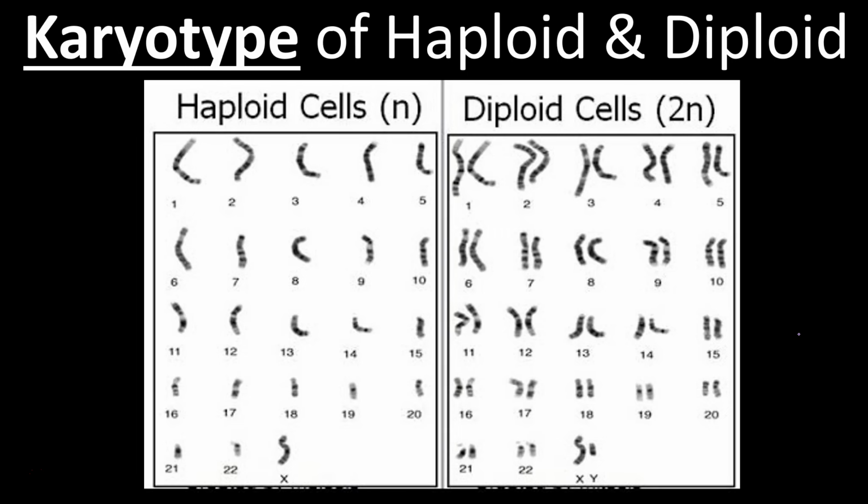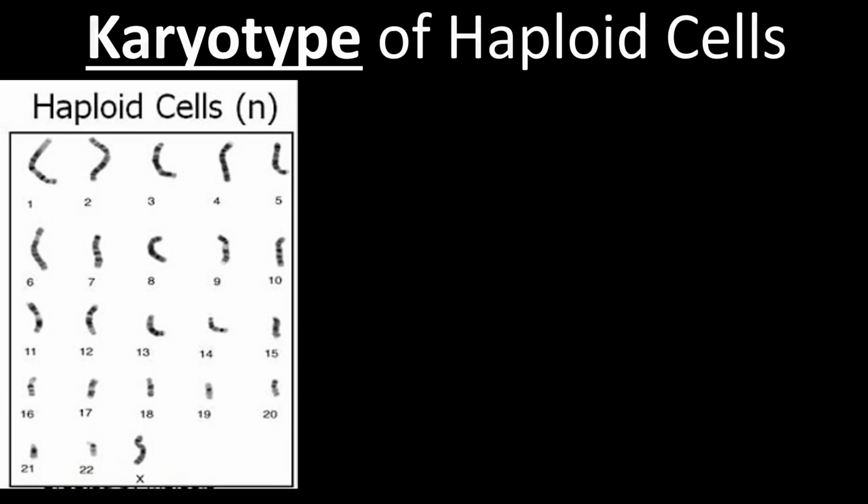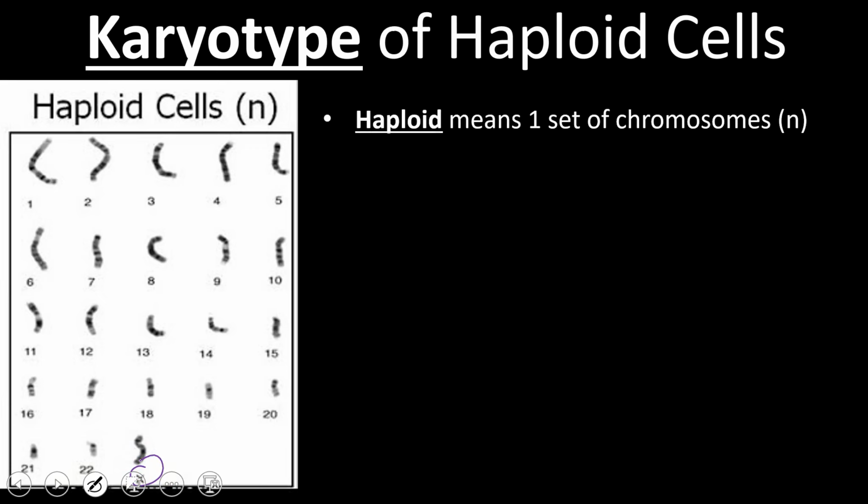So this would be a karyotype of a haploid cell, and this would be the karyotype of a diploid cell. And if you notice, the haploid is numbered 1 through 22, and then we have X down here. The haploid means one set of chromosomes. When we're talking about one set of chromosomes, we refer to that set as N. Now, why do we refer to that as N?